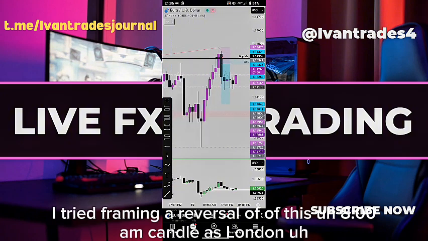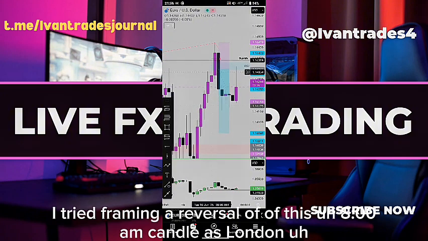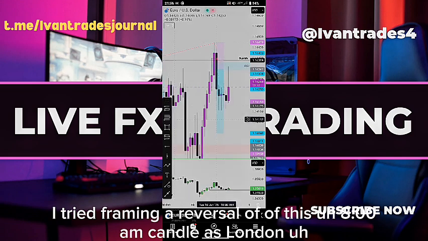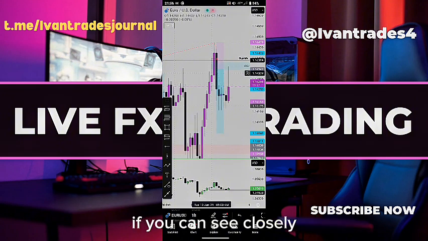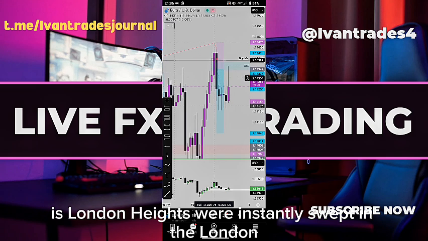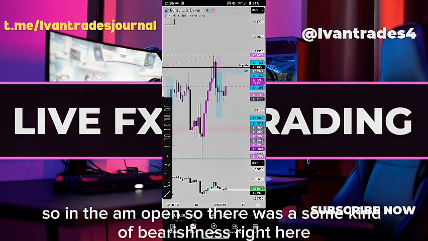I tried framing a reversal of this 8 a.m. candle as London highs were already swept right here. If you look closely, these London highs were instantly swept in the London, so in the AM open, so there was some kind of bearishness right here.